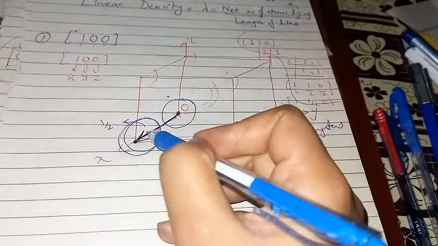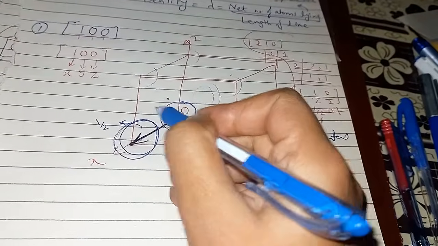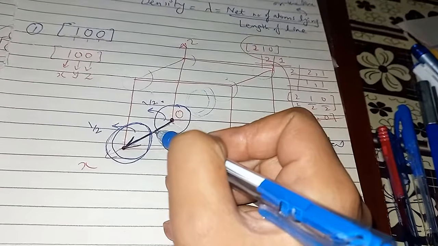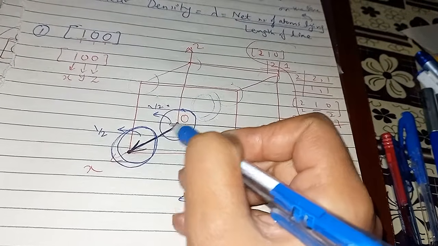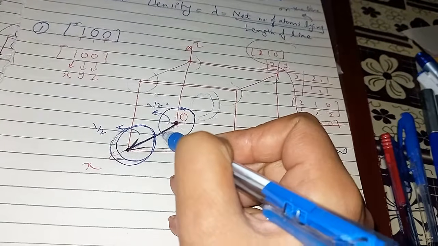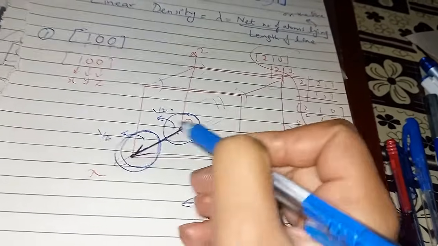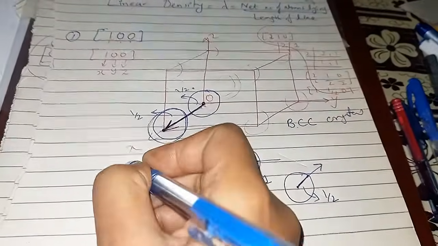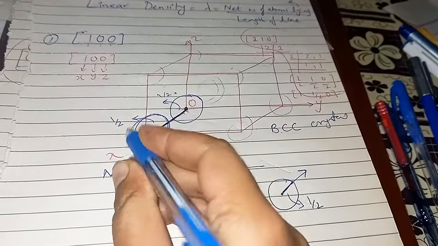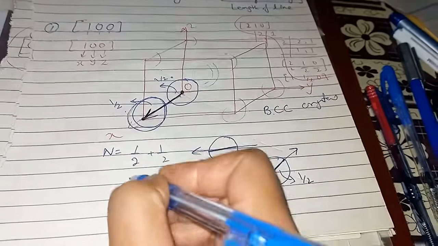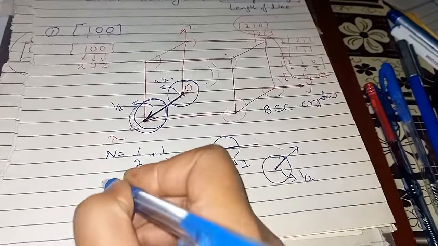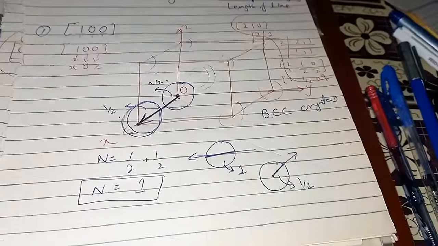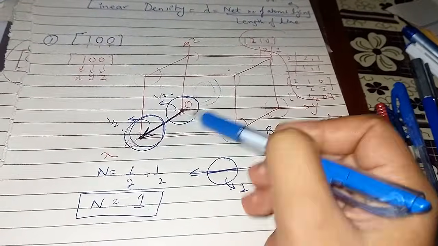Half by this atom, and again half by this atom, because from center to the edge point it is half the diameter that is within the line. So capital N will be 1 by 2 of this atom and 1 by 2 of this atom. We add them up and we get 1. Net one atom is lying on this line.